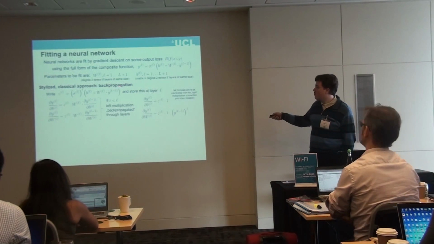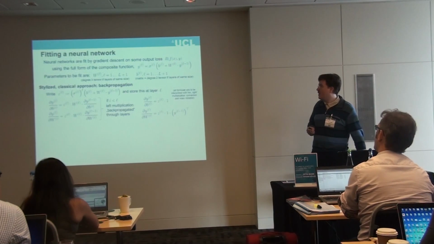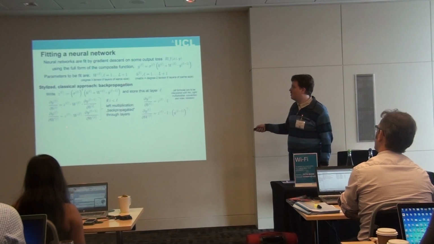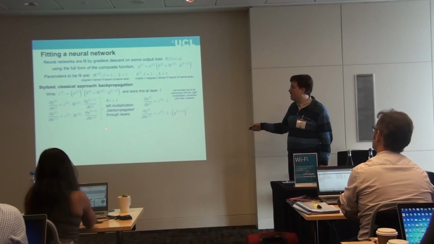So if you compute the derivatives of the activation function stored at the layer L, then you get an easy way to compute the whole derivative, because the same terms, up to linear transformation, will just appear multiple times.